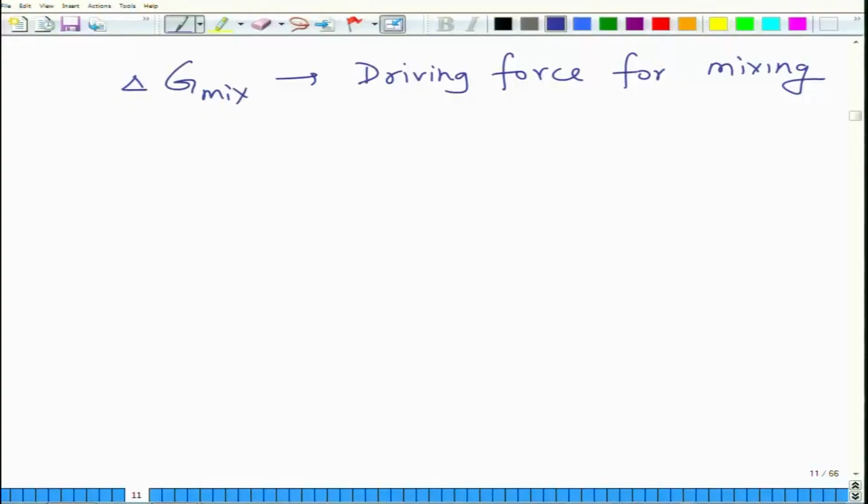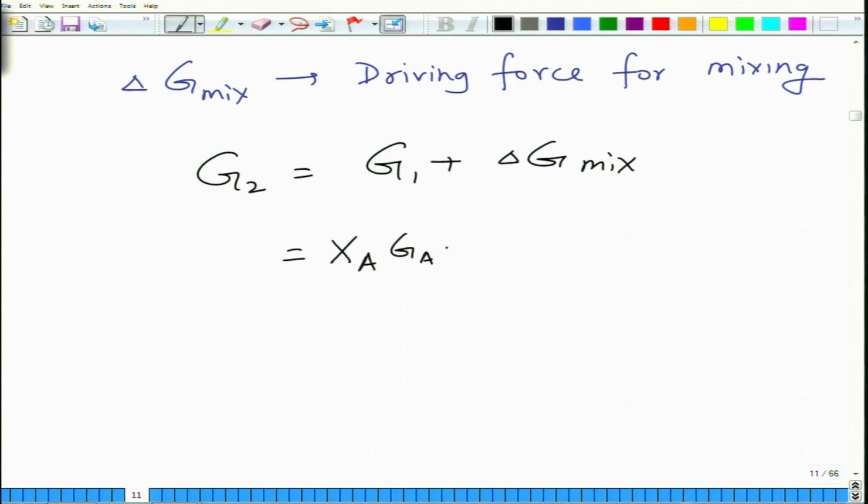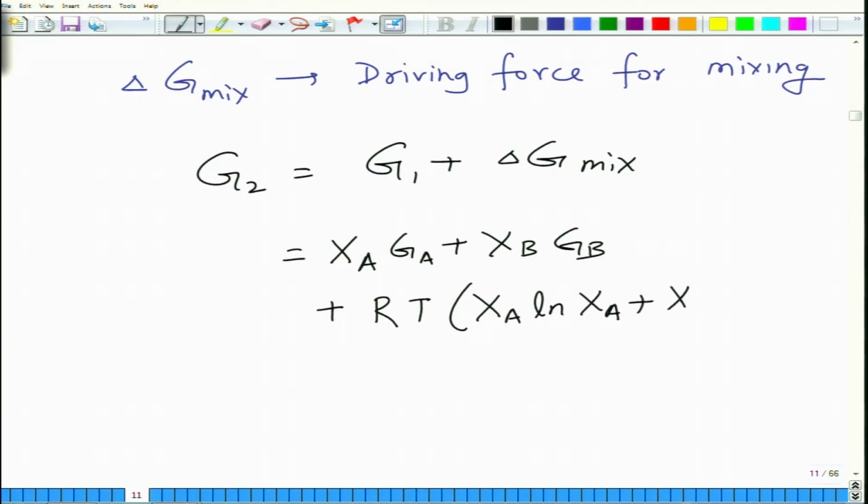So, the actual free energy now: we said that G2 was equal to G1 plus delta G mix, and this G1 was XA GA plus XB GB, and this has an additional term now, RT (XA ln XA plus XB ln XB).